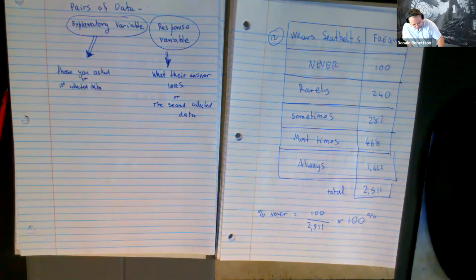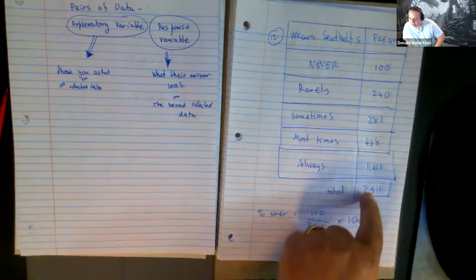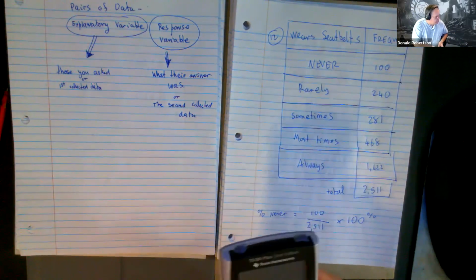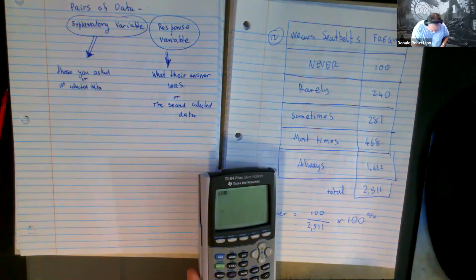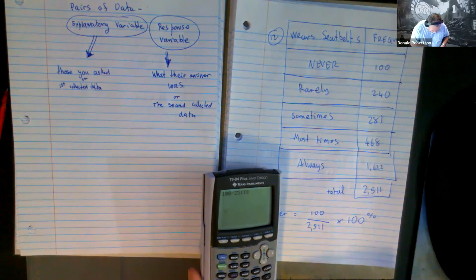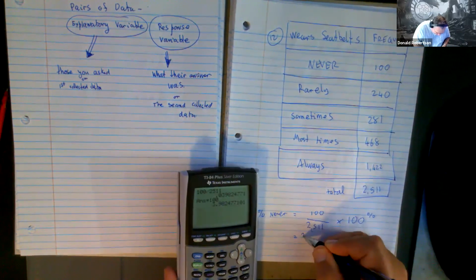Right. So what percentage never wore a seatbelt? It's 100 out of this. So I just go to my calculator, and they want the answer rounded off to 2 decimal places. So here goes. 100 divided by 2511 times 100. And the answer to 2 decimal places is 3.98%.